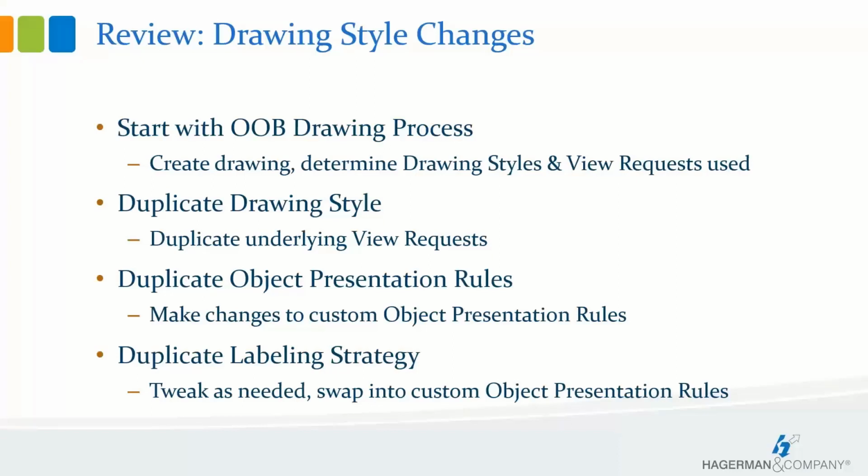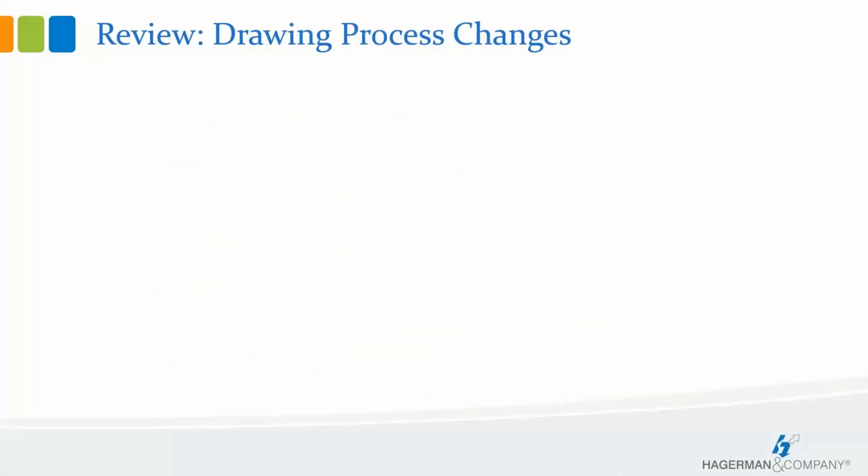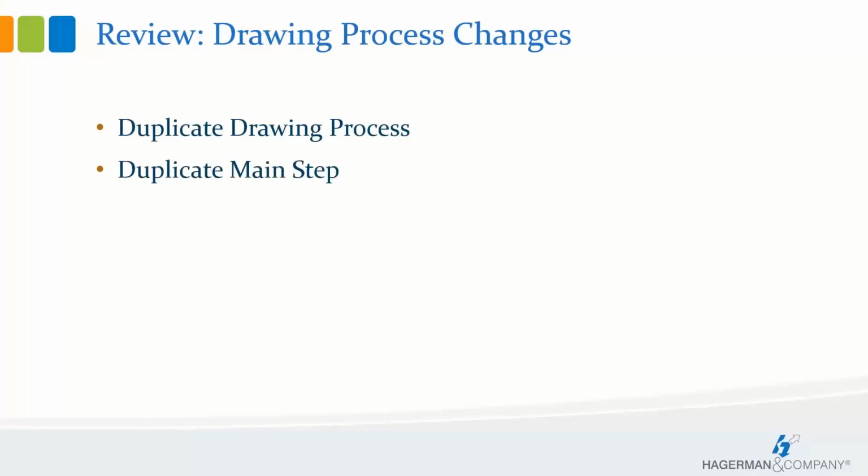So that's a review of the steps for the drawing style. Let's review the changes we made to the drawing process. Once the style was ready, we went to the drawing process manager. We duplicated the main step, as well as the overall process.